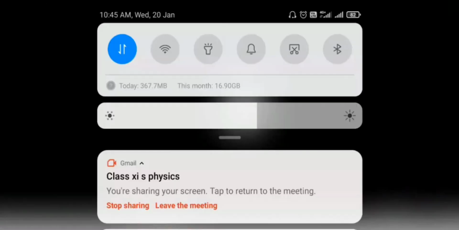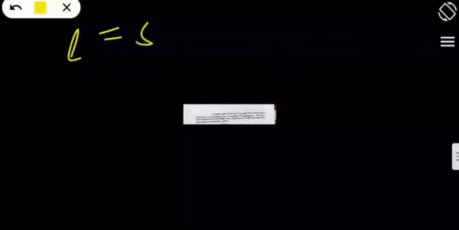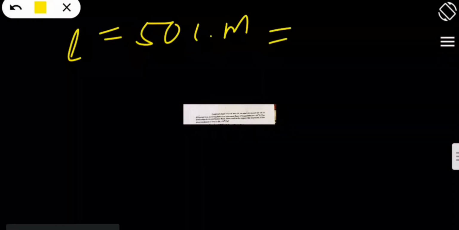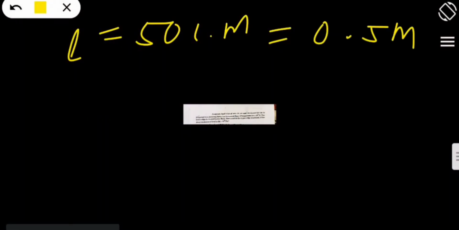Okay, so now let us write the given data. What are the given data here? The given data is L equal to 50 centimeter. I need to convert it, it will give us 0.5 meter. Force is given, 9 into 10 to the power 4.